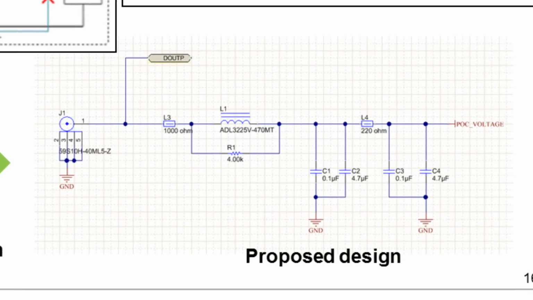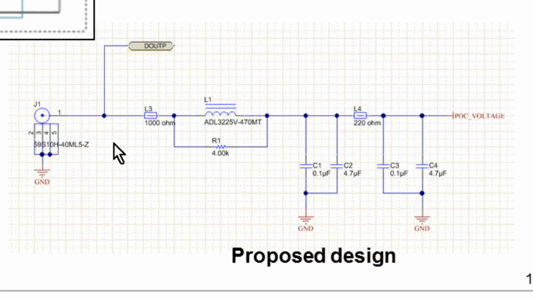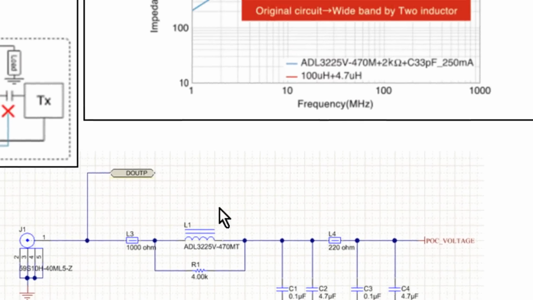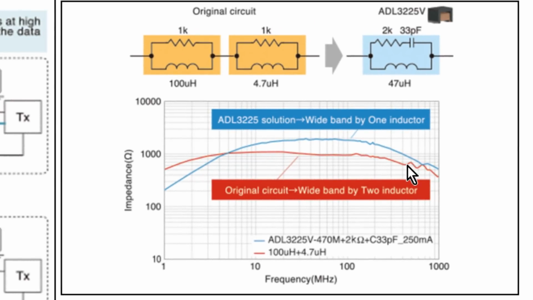The solution is we worked with our inductor vendor, and they came up with this particular inductor, which is ADL3225V-470MT, a 47 microhenry inductor which has a self resonance at around 700 megahertz.